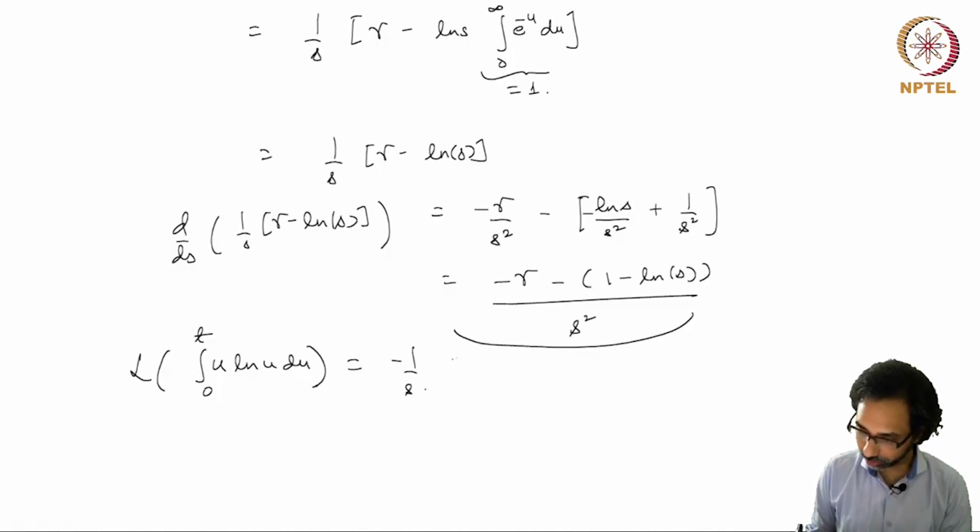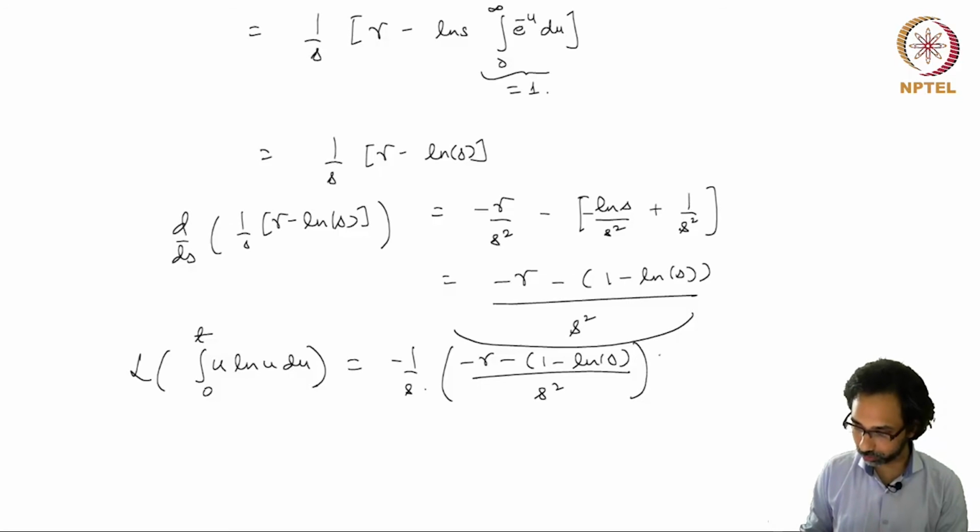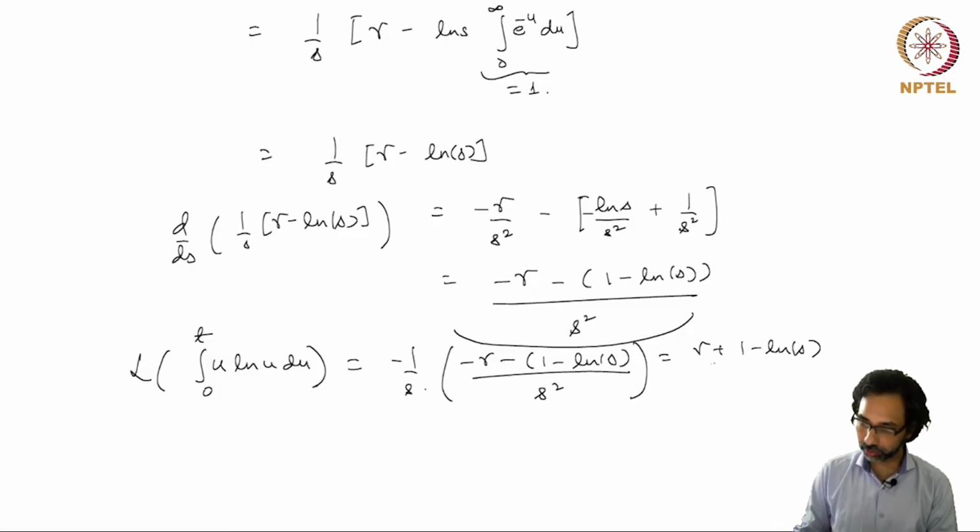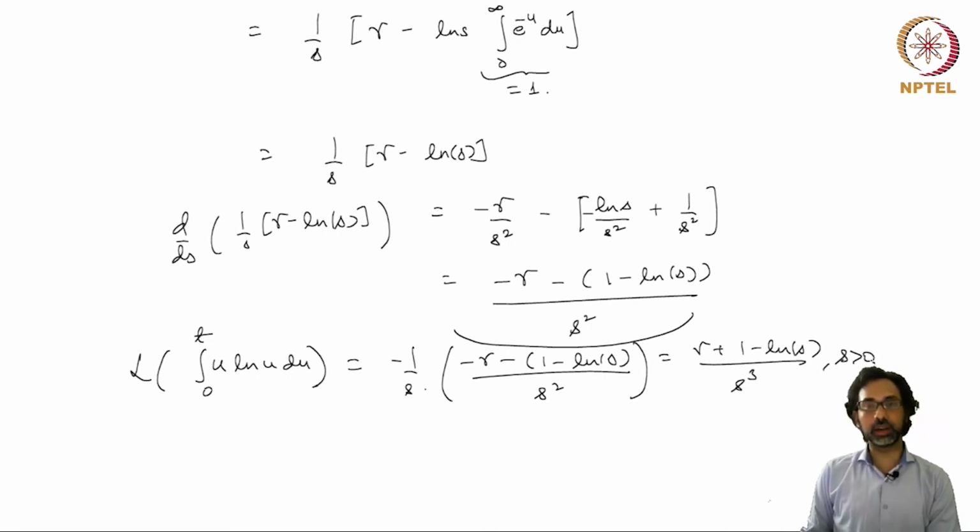So this is minus gamma minus 1 minus ln s over s squared. One can simplify if you like, and you will get gamma plus 1 minus ln s over s cubed, valid for s greater than 0.